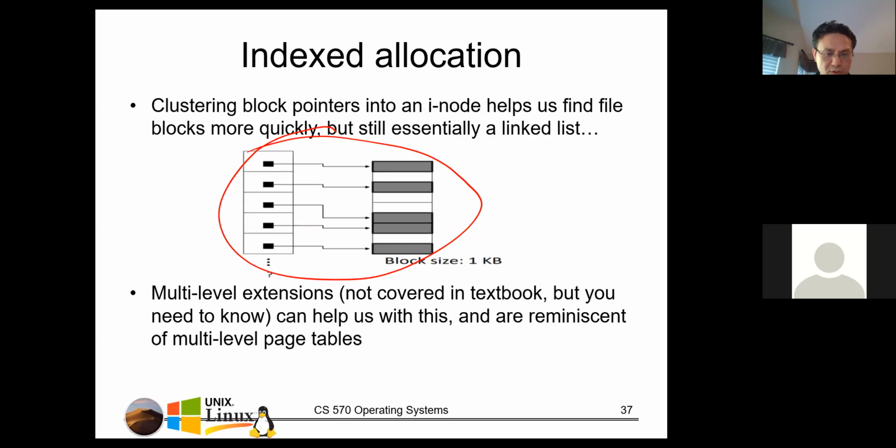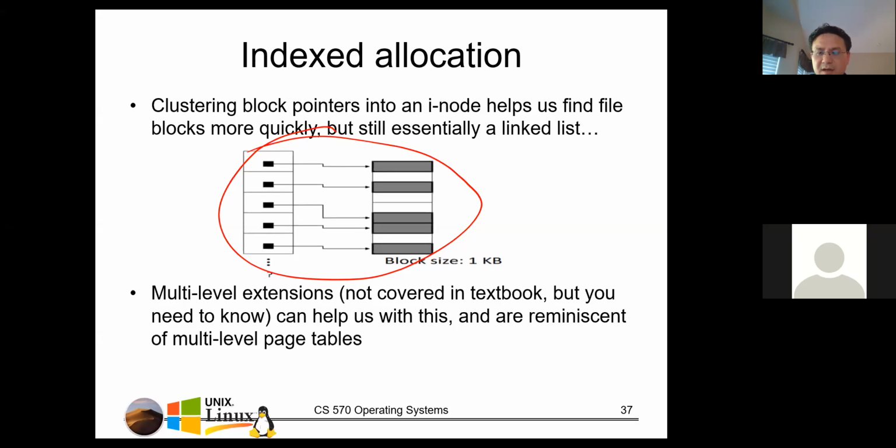This is similar to what you have learned in multi-level paging. There you can start with a small one-level paging, then extend that to multi-level paging if your virtual space to physical space translation needs more levels of paging. So here it's the same.